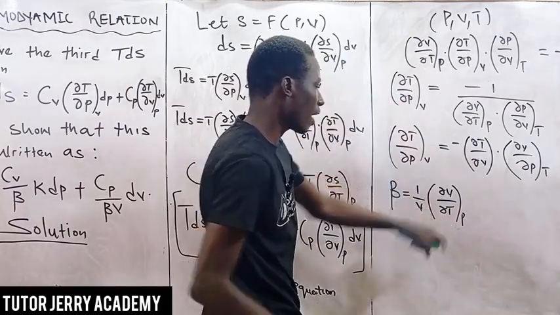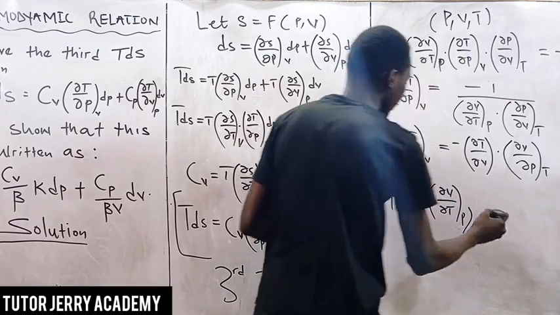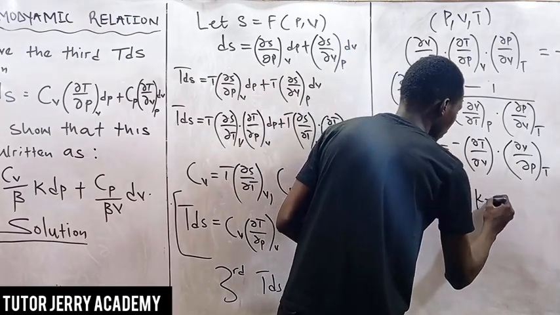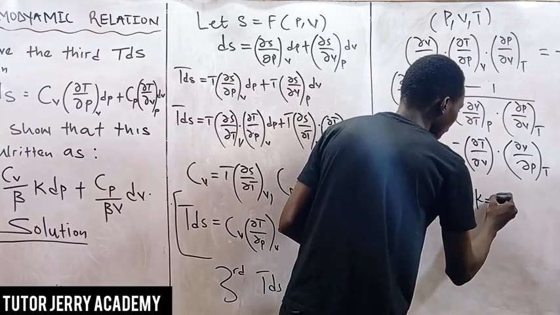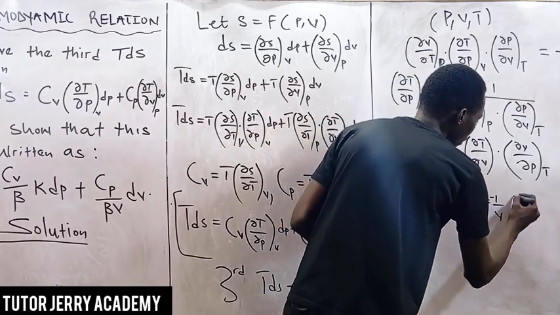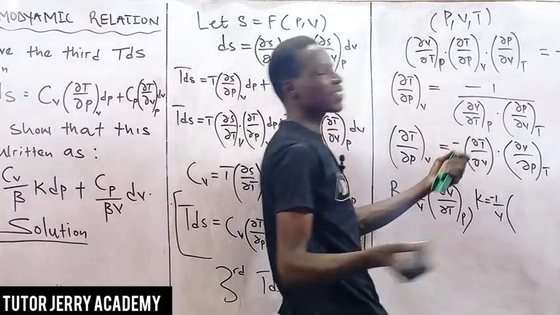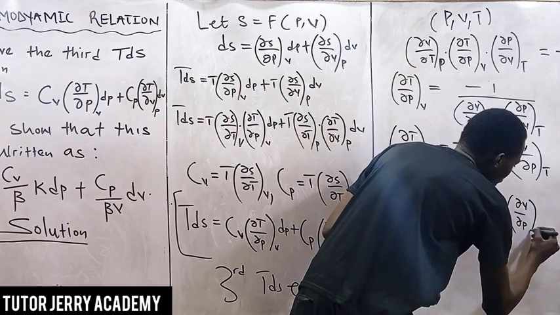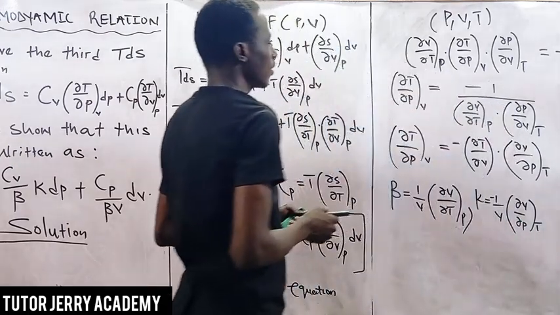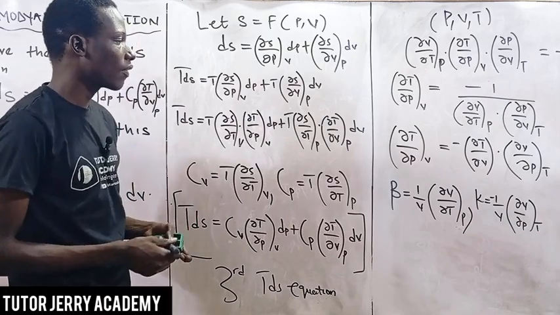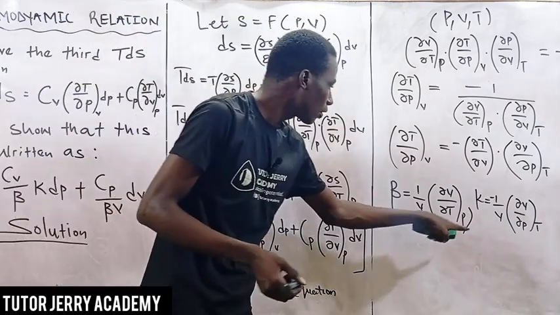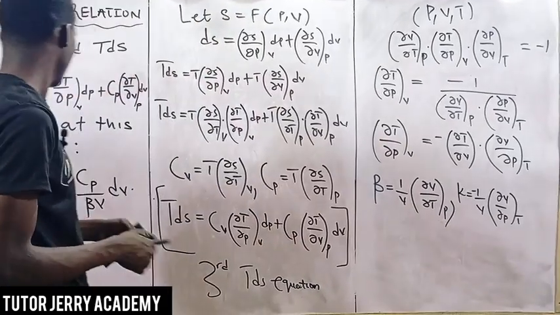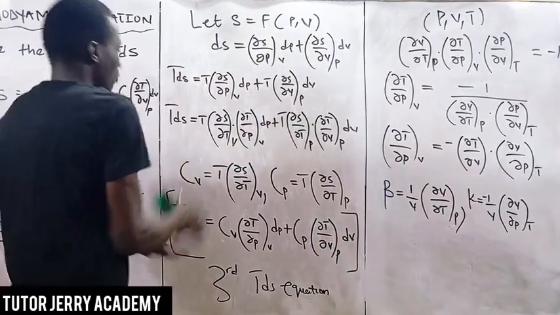We need to have this in mind, and also we need to know that K is equal to -1 all over V into the partial derivative of V all over the partial derivative of P, keeping T constant. Now, in order to proceed, we need to have these two equations in mind. So next, let's screen this side as we proceed.